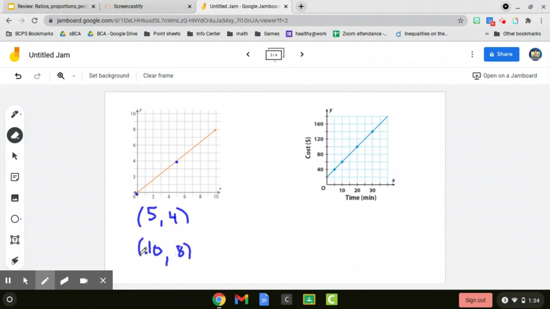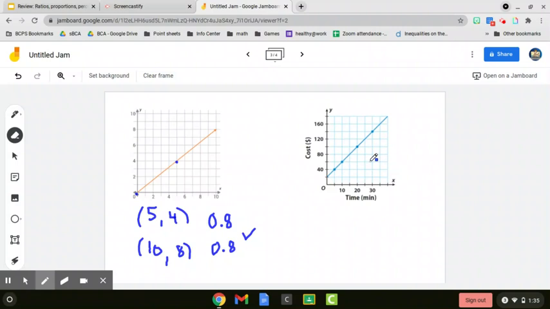Let's do y divided by x. So 4 over 5 is 8/10. They have the same constant of proportionality. It checks out. Would any other point have that same constant of proportionality? Yes, it's just harder to tell what the ordered pair is because they don't fall on whole numbers. That's why I chose the points I did.